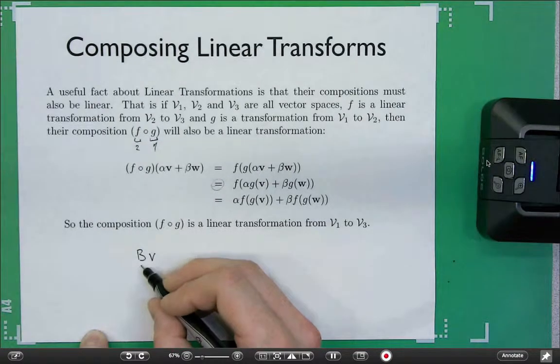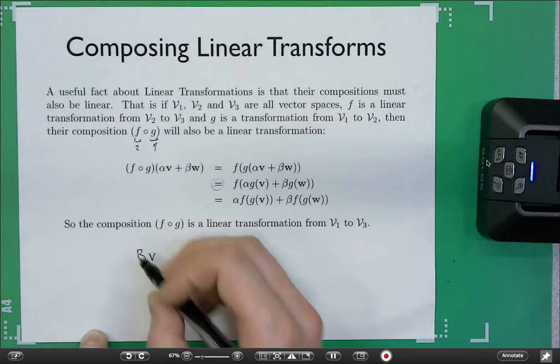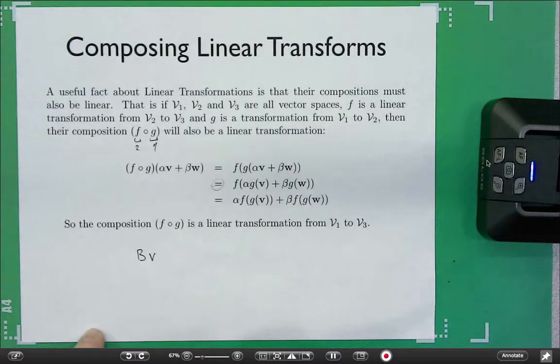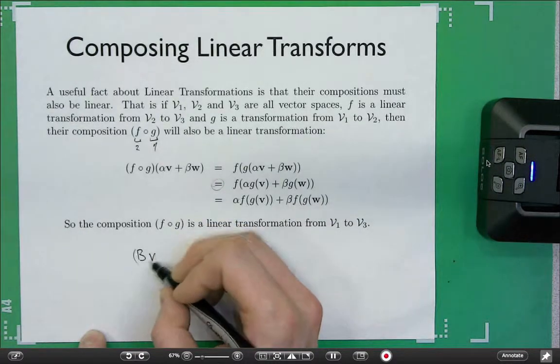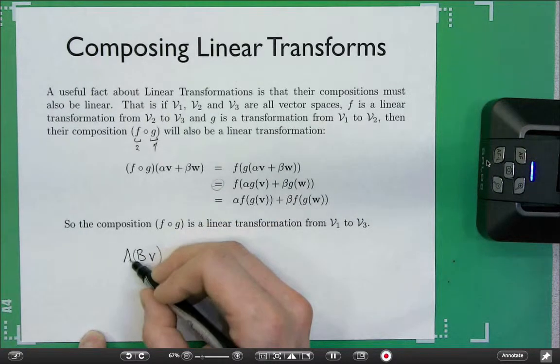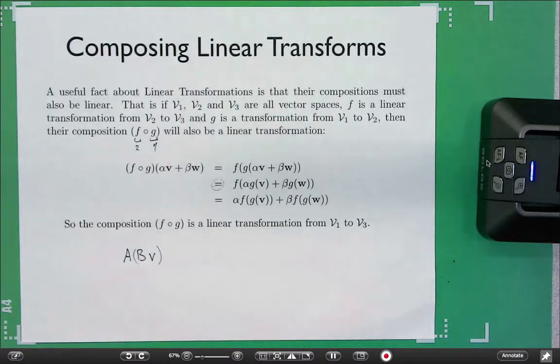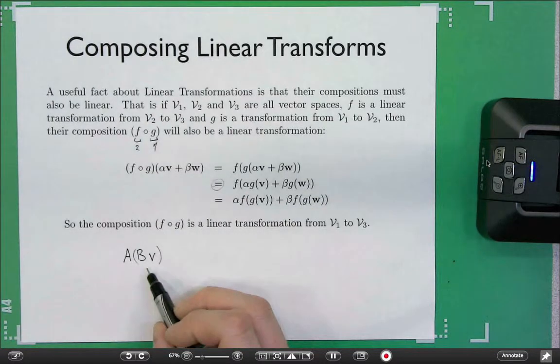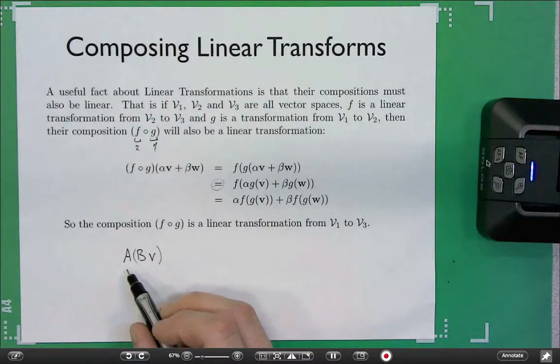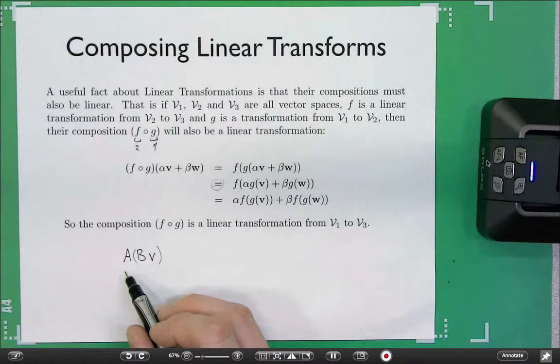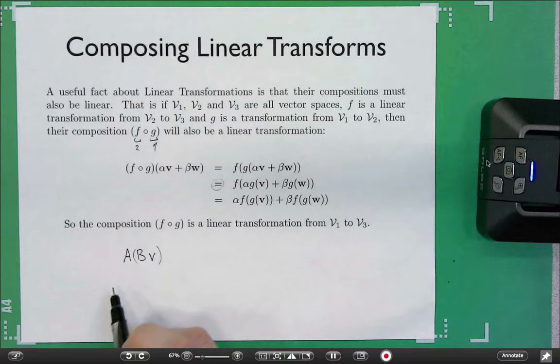This is my matrix, this is my vector. Now what if I have another transformation, transformation A, that I apply to the result? So this is one matrix, this is another matrix, and the dimensions all have to agree, otherwise this would not be defined.